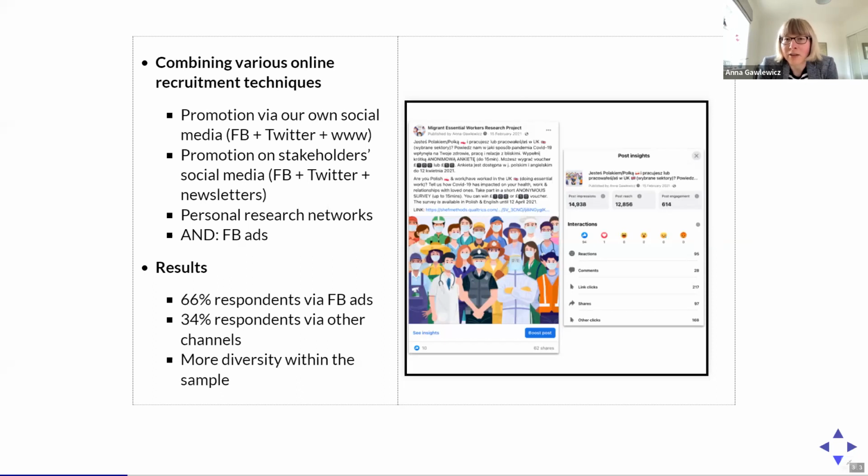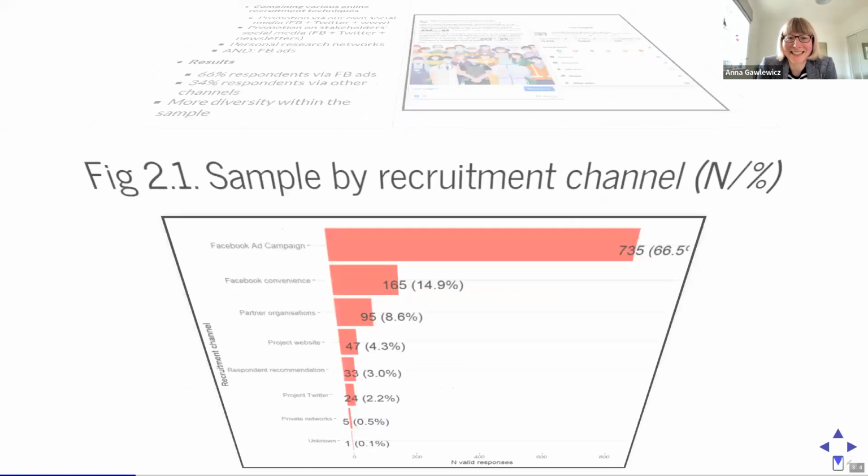Post engagements are over 600, and we've managed to reach almost 13,000 Facebook users through a single post, and this is still part of the convenience sampling. So as I said, there's also a strength in using our own Facebook social media channels and combining this with Facebook advertising. Next slide, Aneta, please.